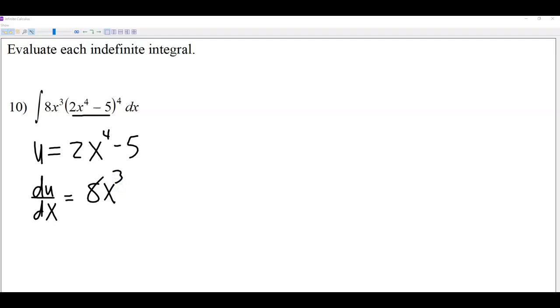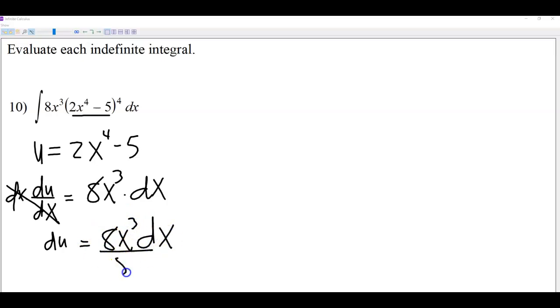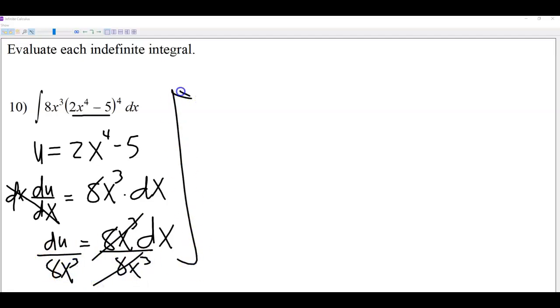Now, the next step is to get the dx by itself. So I'd multiply both sides by dx first. And then I would divide both sides by 8x cubed. And that leaves me with du over 8x cubed is equal to dx.